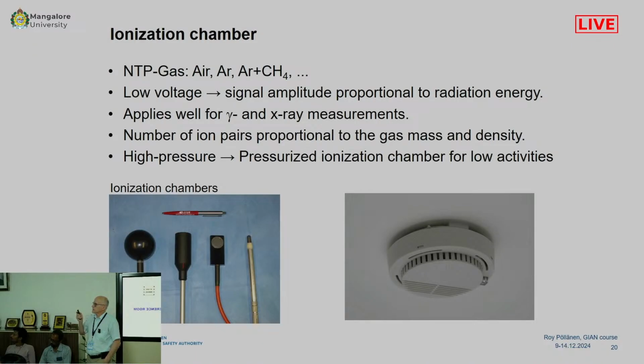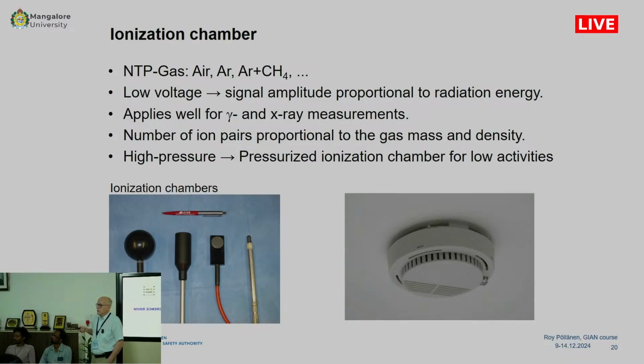All right. Regarding ionization chambers, typical gases are air, argon with methane, etc. They use quite low voltage. So signal amplitude is proportional to radiation energy. They apply quite well for gamma and X-ray measurements.